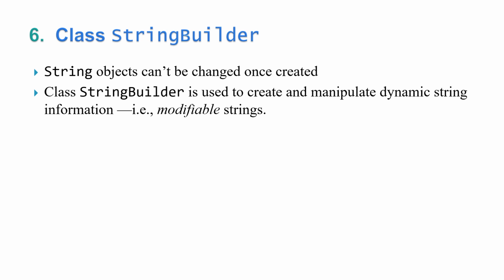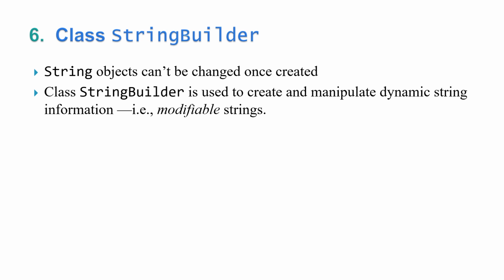Now we move on to class StringBuilder, which is another predefined class representing strings. Class String represents unmodifiable or immutable strings. String objects can't be changed once created. Class StringBuilder is used to create and manipulate dynamic string information, that is, modifiable or mutable strings.